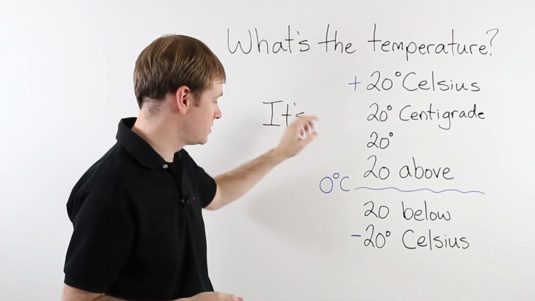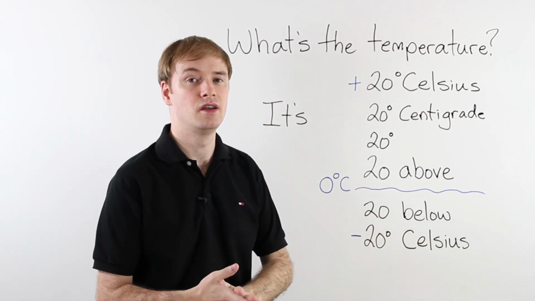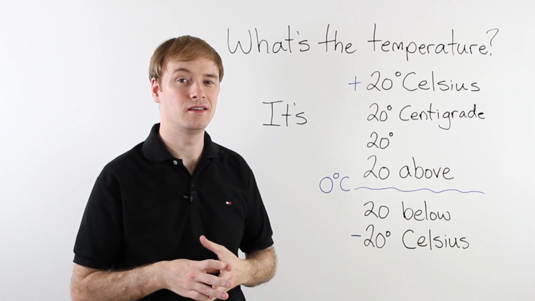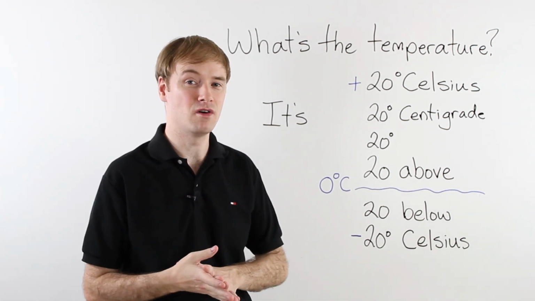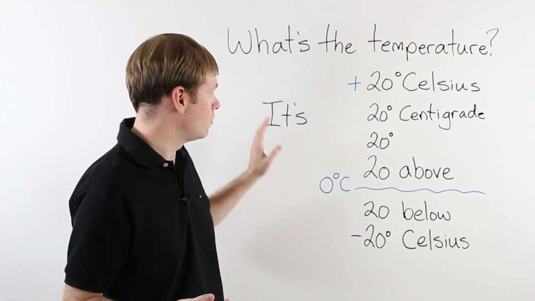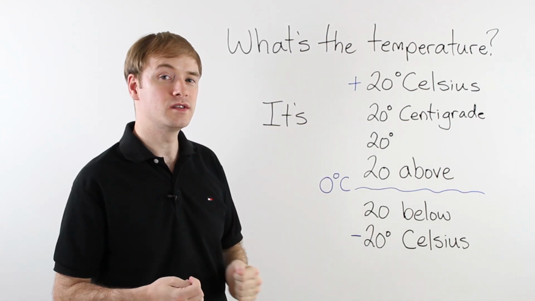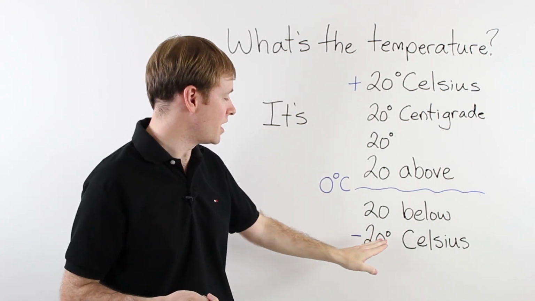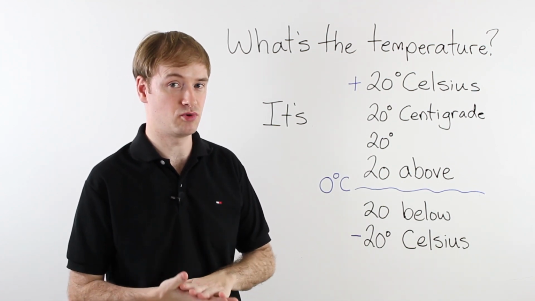It's cold. It's minus 20 degrees Celsius. If you told me that it's minus 20 degrees Celsius outside, I do not want to go outside. That's very cold. So what's the temperature? It's 20 degrees. What's the temperature? It's minus 20 degrees. Those are the best ways to express it.